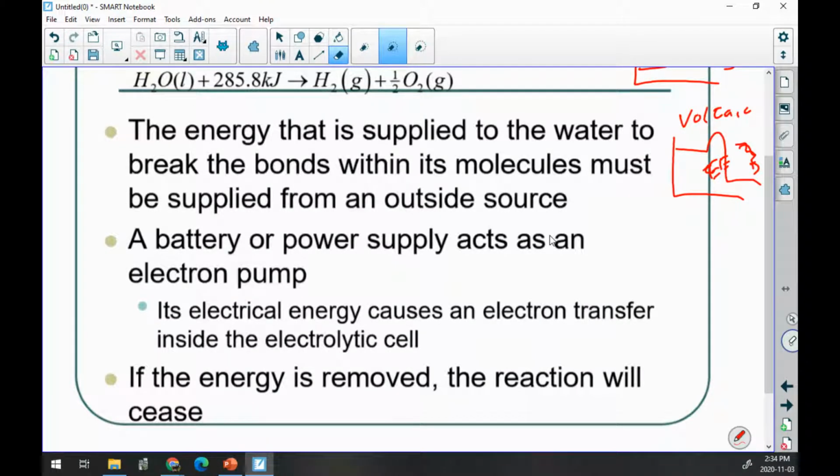And it is the electron energy or the power supply that causes the transfer, not going downhill. We have to force it uphill. In an electrolytic cell, once we remove it, the transfer of electrons stops. The only way the transfer of electrons stops in a voltaic cell is if you break the circuit.